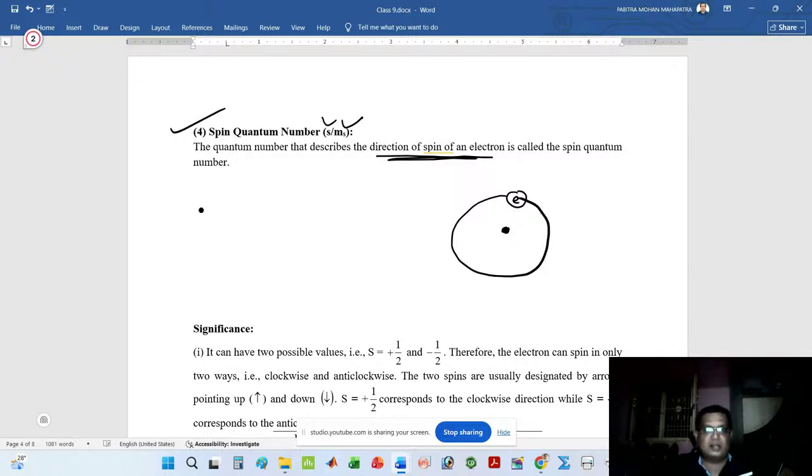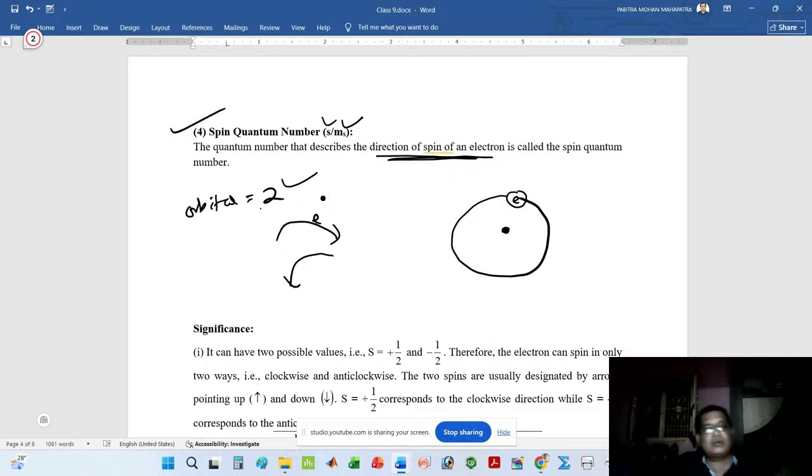Remember, each orbital has two electrons, whether it belongs to the s subshell, p subshell, d subshell, or f subshell. An electron can spin in the clockwise direction, or in the anti-clockwise direction. There are two electrons in an orbital. You can take any orbital of any subshell; every orbital has two electrons.